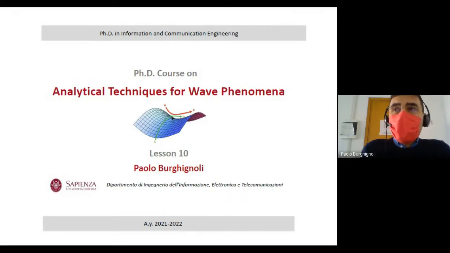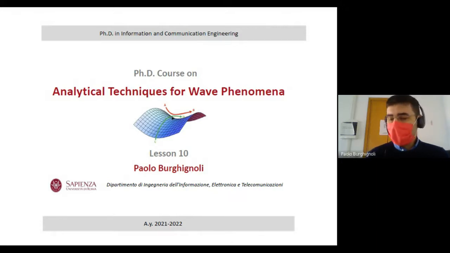In that case, I showed you how, by means of a clever use of complex analysis, it is possible first to cast the integral equations in terms of a functional equation, and second, and crucially, the functional equation can be solved by finding explicitly the spectrum of the field, that is its plane wave spectral representation.